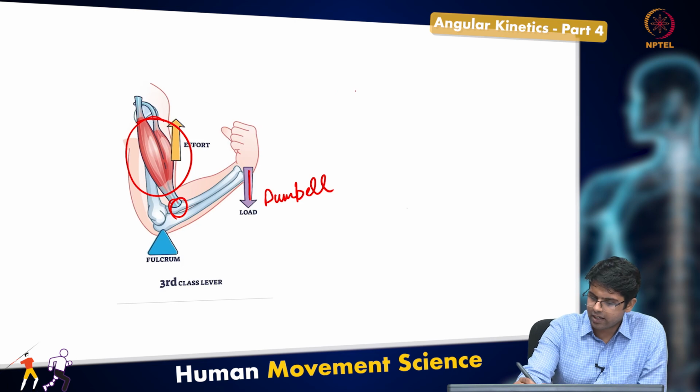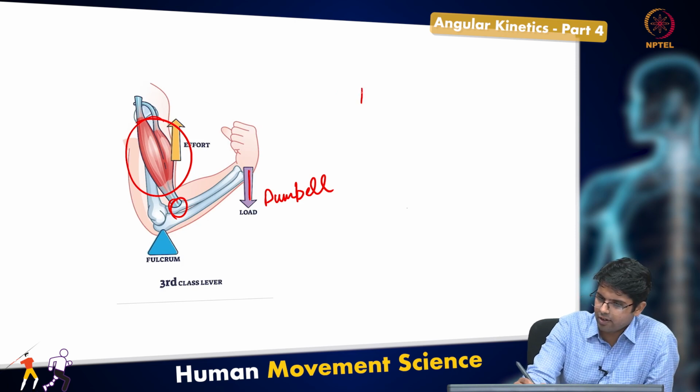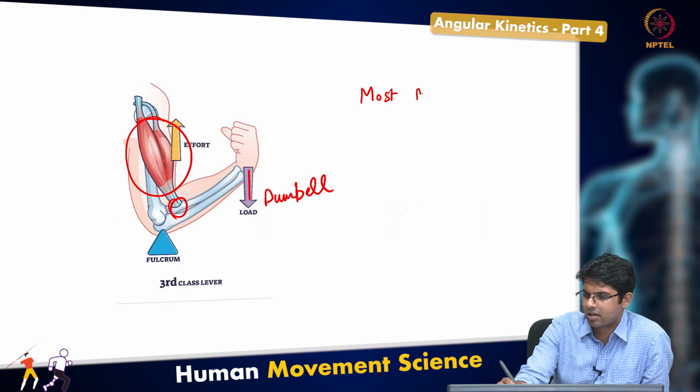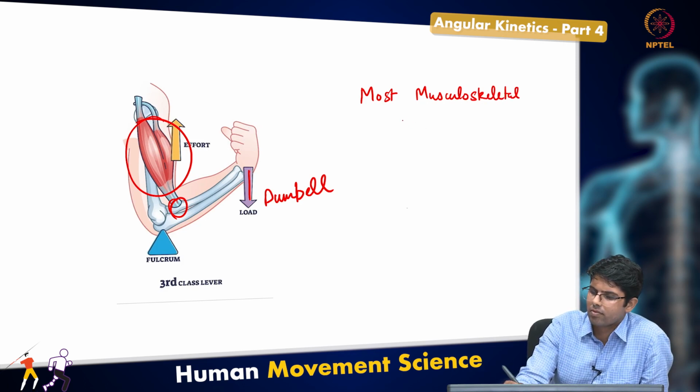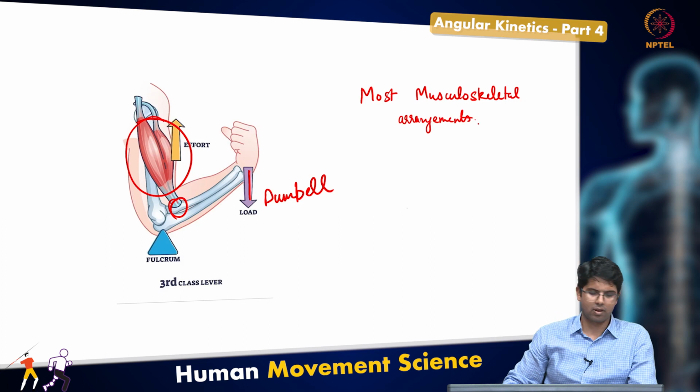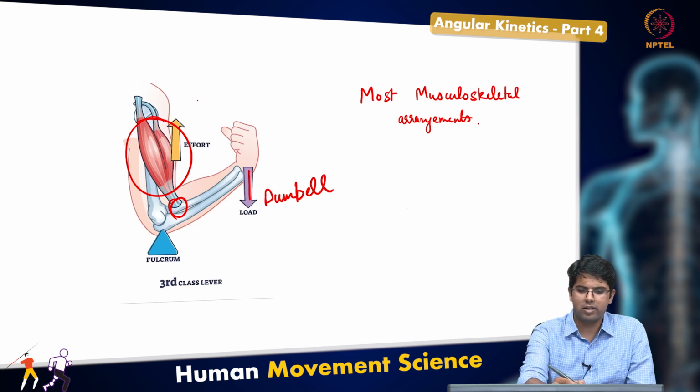Most musculoskeletal arrangements, if you look at it carefully, are levers of third class. Right? And your muscle is where the motive force is coming from.